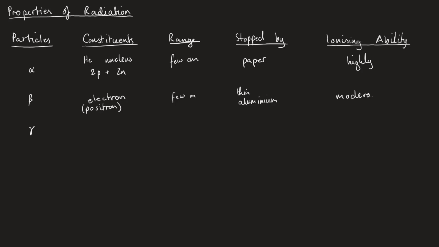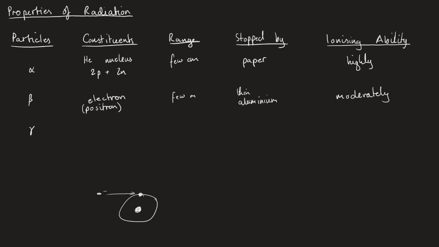Now, compared to the alpha particles, we say they're moderately ionizing because for them to be able to ionize this electron in this energy level, this beta particle has to actually collide with this electron.